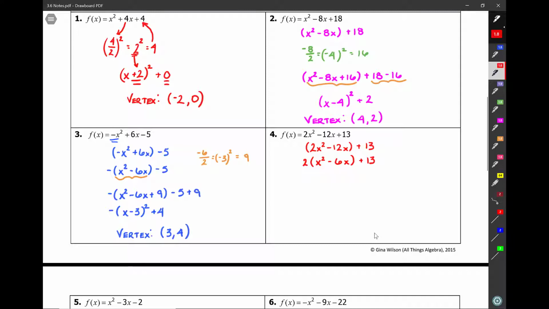So what we want to do with this one is the same steps that we've done before. We want to complete the square of this binomial that's in parentheses. So we'll take that -6 divided by 2 and we get -3. And then we square that -3 and we get +9.